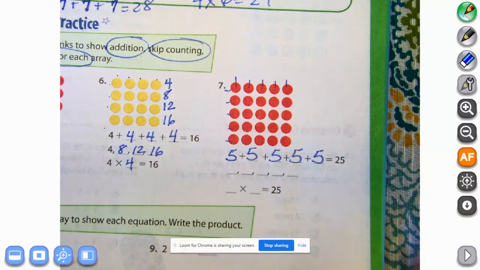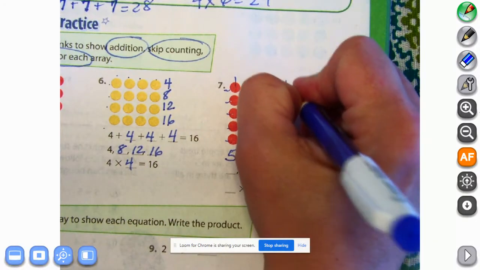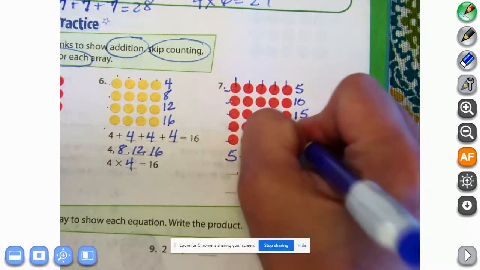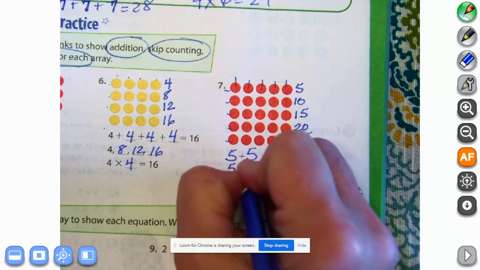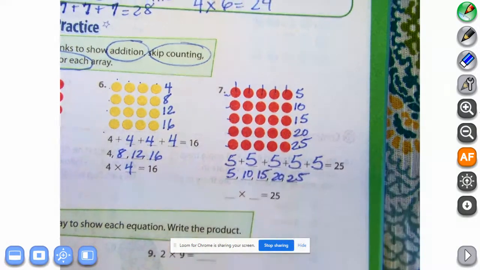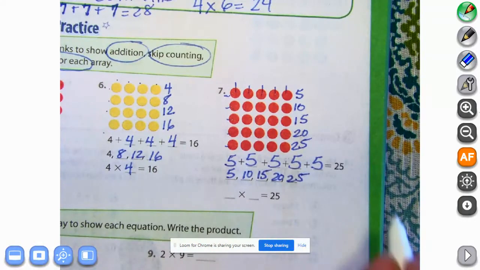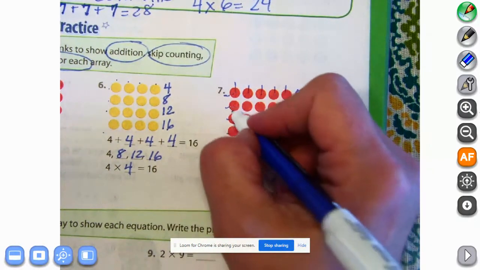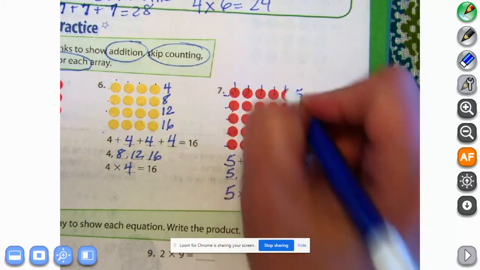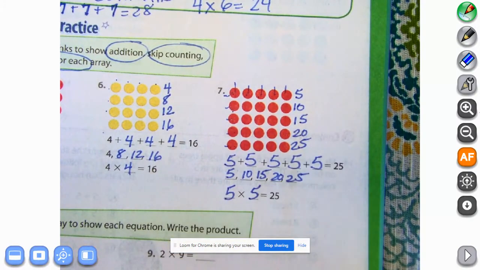So for skip counting, we start here. 5, 10, 15, 20, 25. So that means 5 groups of 5 is equal to 25.